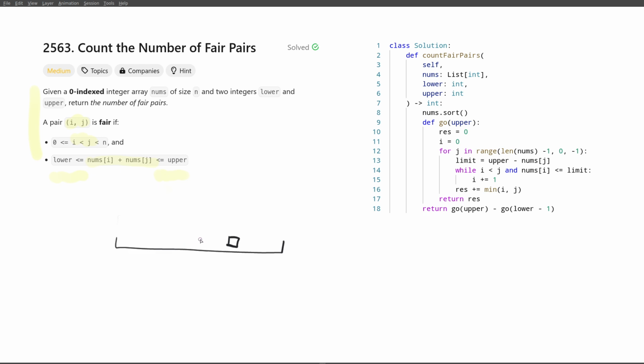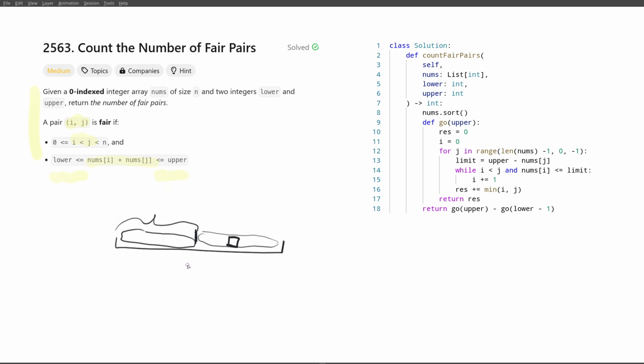Well, there will be some cutoff point to the left of our element, where everything here will create a good pair, the sum will not be too big, and everything to the right would give us too big of a sum. So the number of elements in this portion is the number of good i's for this j, and the sum over all j's of the number of good i's is the number of good pairs.